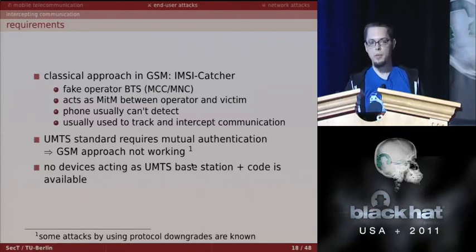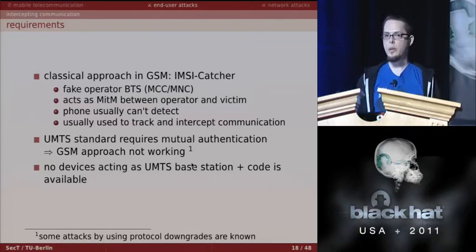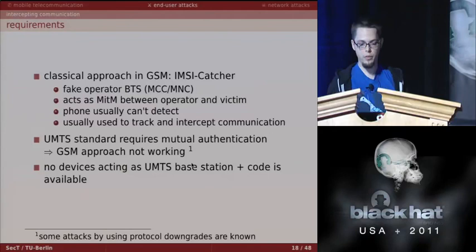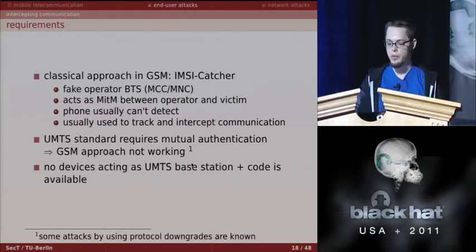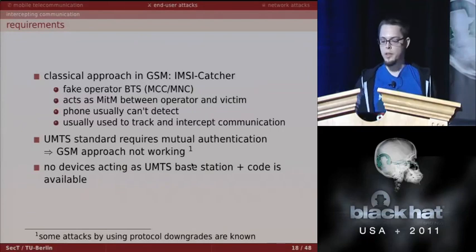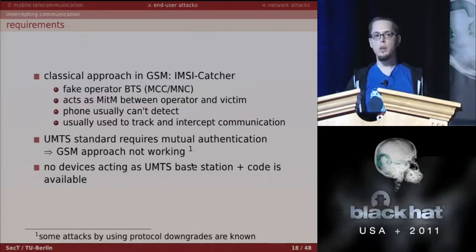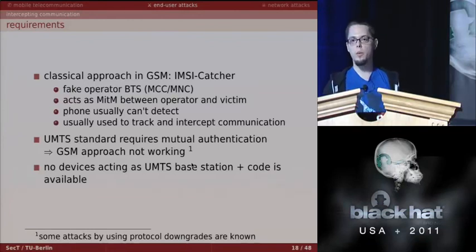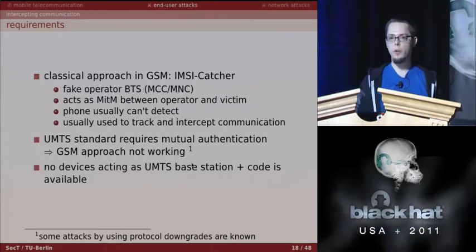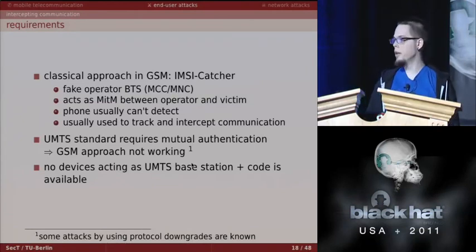But that's GSM. In UMTS or in 3G, that's considered to be not possible, or people always say use 3G to prevent this kind of attack. That's because UMTS provides mutual authentication between the mobile phone and the operator network. So if the base station is not legit, the phone will just never use it.